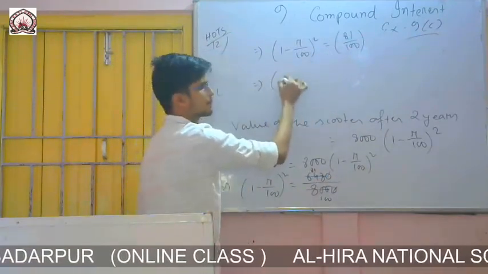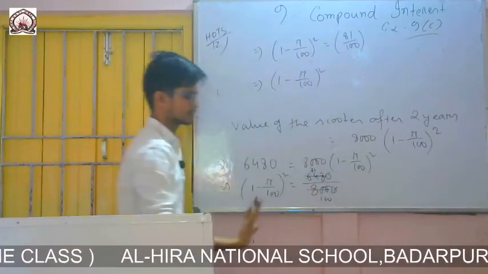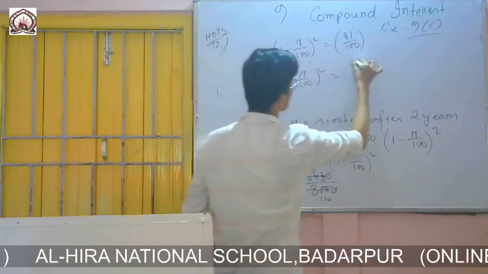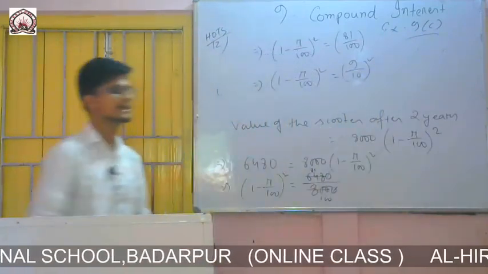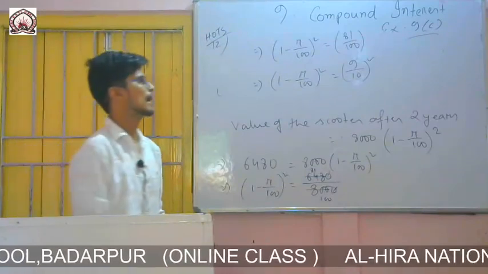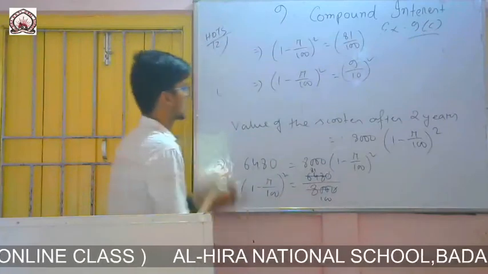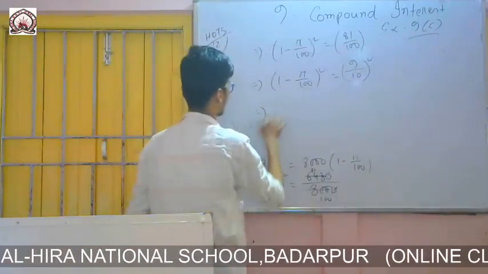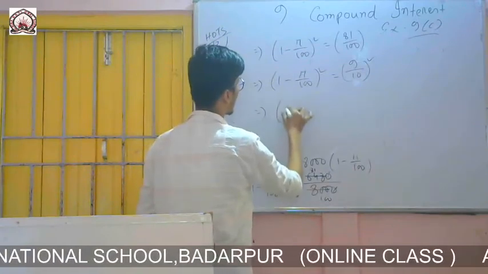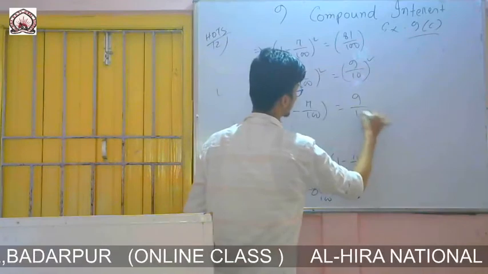So 1 minus R by 100 whole thing square equals 9 by 10 whole thing square. 9 square is 81 and 10 square is 100. Now I can cancel the square. So 1 minus R by 100 equals 9 by 10.